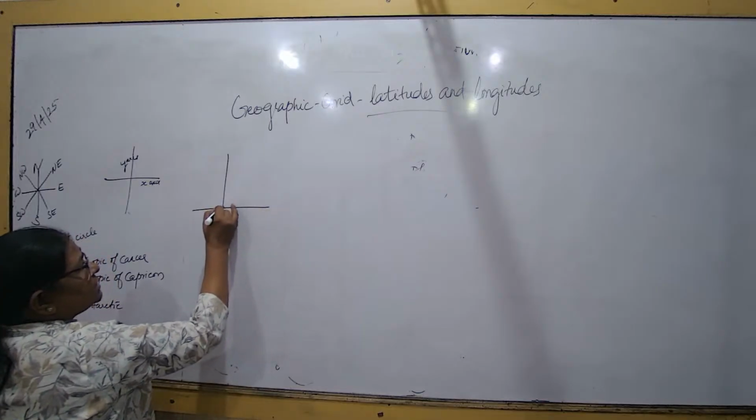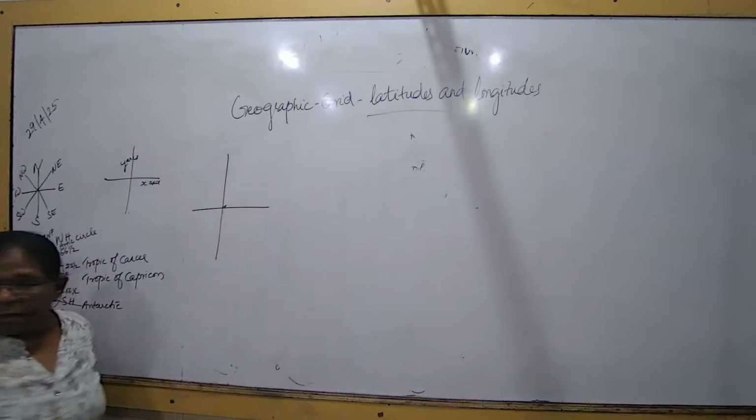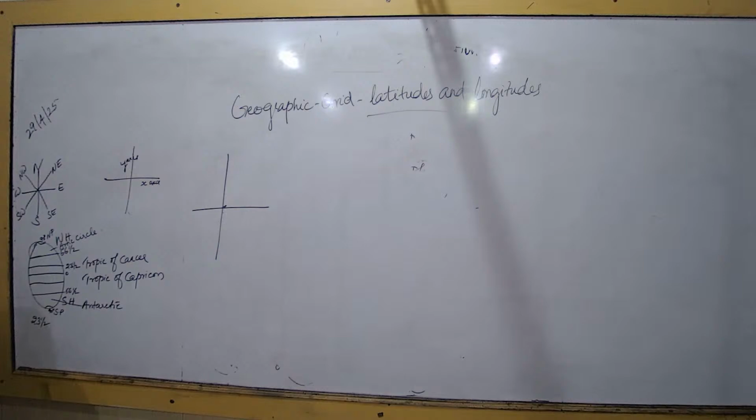So the intersecting point can be used to locate that place. So we are getting this much degree east, this much degree north. So north and east or east-west or the southeast or southwest. So with the help of that, we can identify that place.